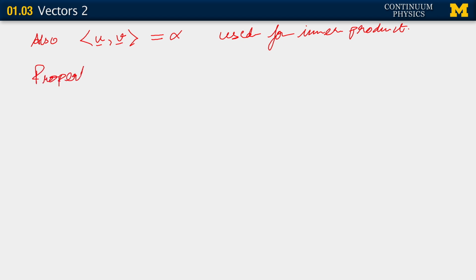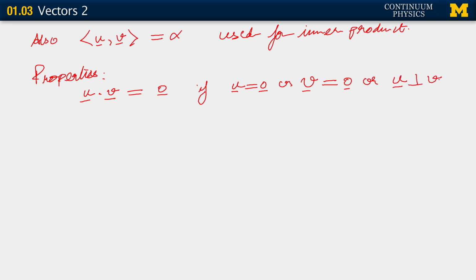We know that u dotted with v equals 0 if u equals 0 or v equals 0 or if u is perpendicular to v. Okay?